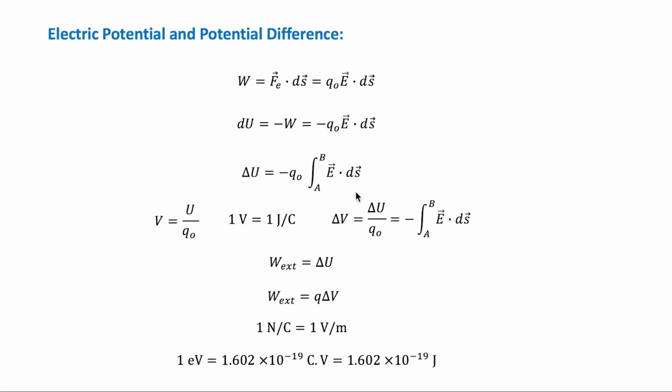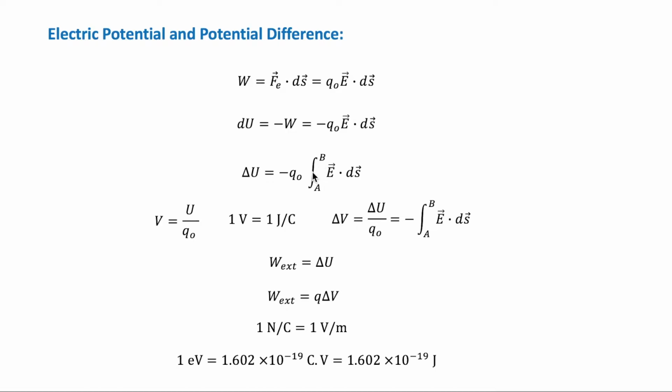And this here is a line integral along the path followed by the particle as it moves from A to B. And as you saw in the videos of mechanics, because the electric force is a conservative force, this line integral is independent of the path taken by the particle. So it depends only on the initial and final positions of the particle, okay?